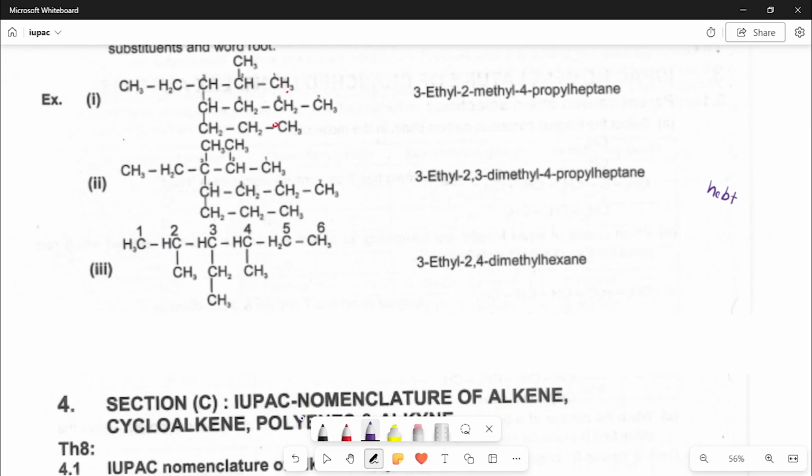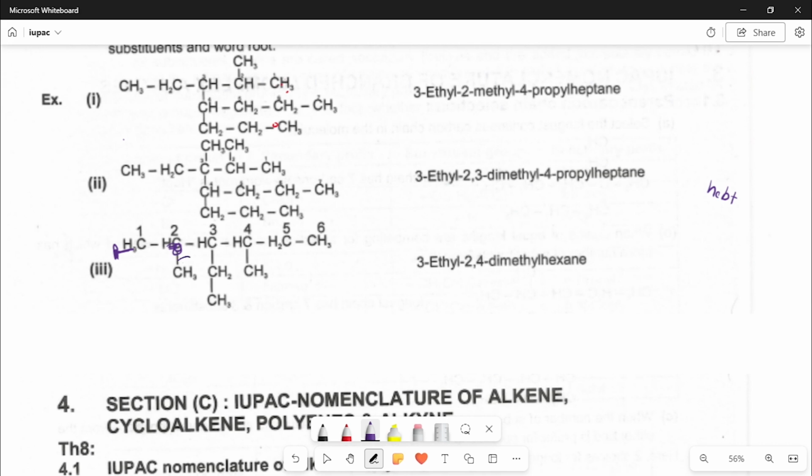So what are the other ones? 1, 2, 3, 4, 5, 6. You can see easily that this one is going to be the longest chain. So 1, 2, 3, 4, 5, 6. Which one is present here on the second? They've provided much information over here. Okay, so the lowest set of locants is 2. That means we are going to start the numbering from here. 1, 2.